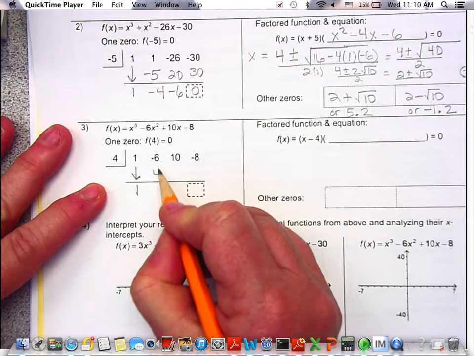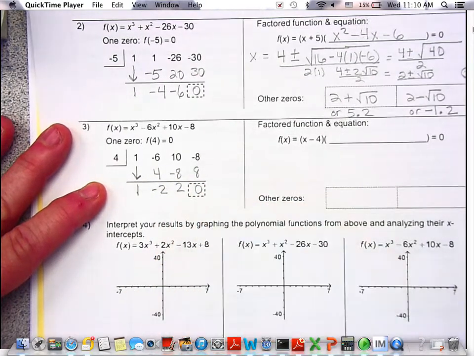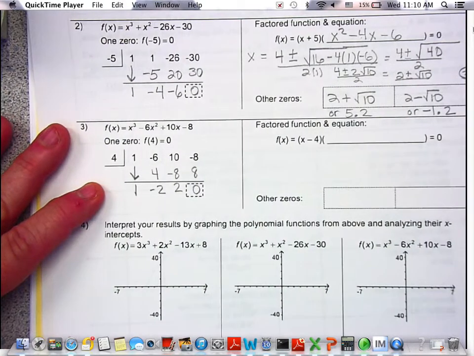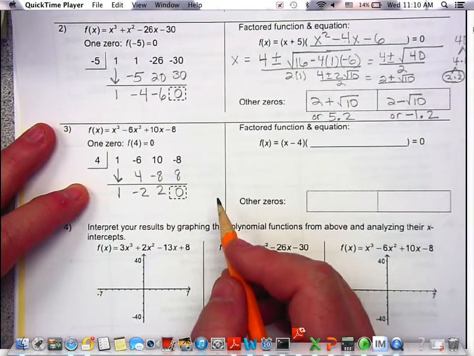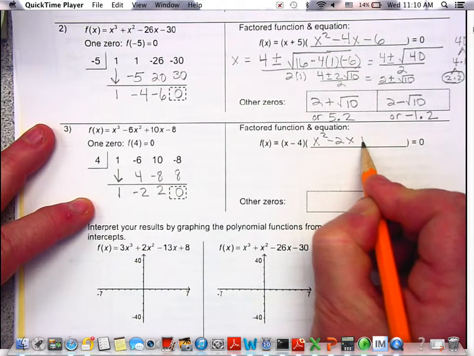Synthetic division. Looks like that's going to be okay. All right, so we ended up with 0, and then so what's the factor for this one? x squared minus 2x plus 2. Okay.